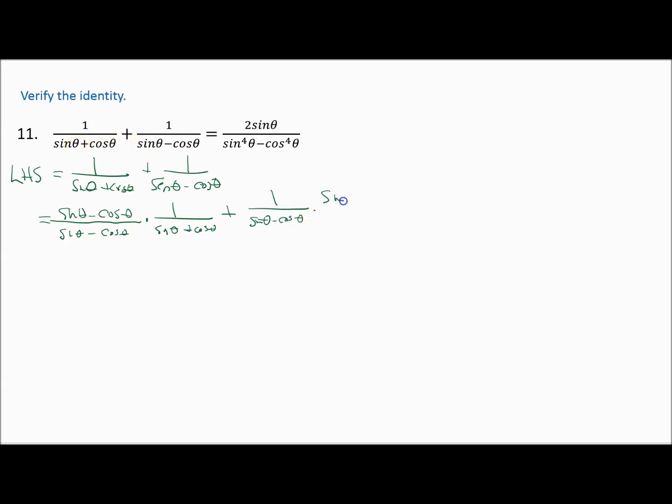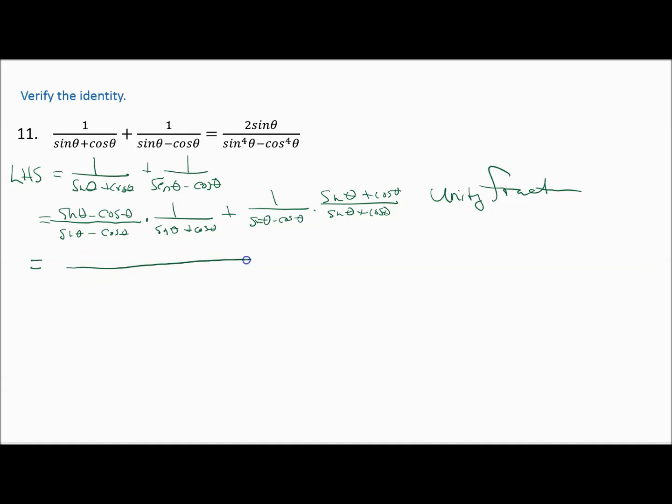So I've got sine of theta plus the cosine of theta over sine of theta plus the cosine of theta. That is a lot of unity fraction action. So unity fractions, plural.